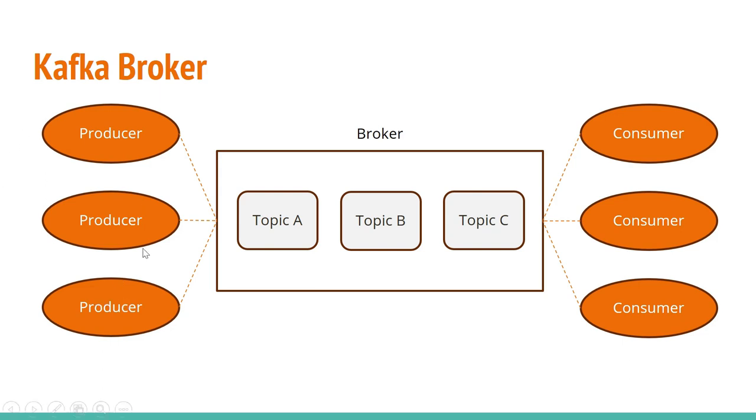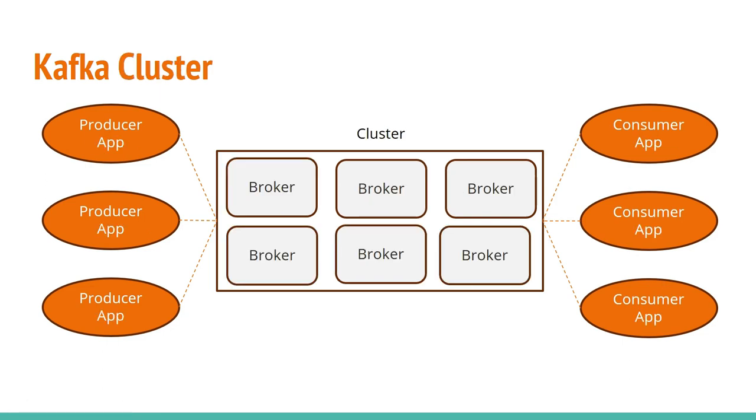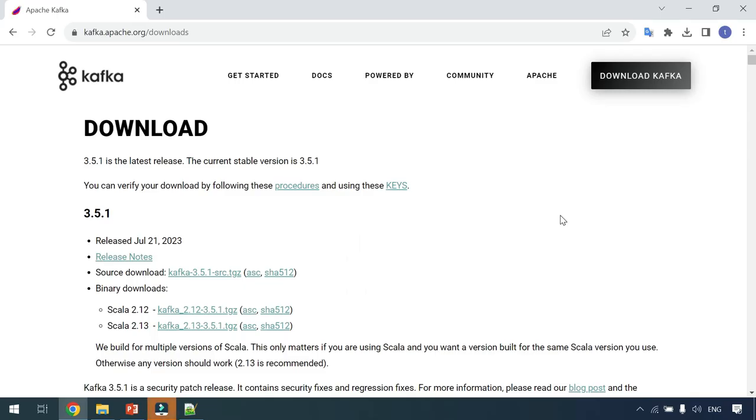Producer application connects with the broker and consumer application also connects with the broker. And to achieve high throughput and reliability and distribution of the task, we have multiple brokers running and communicating with each other. This system is called a Kafka cluster, and that is why Kafka is called a distributed system.